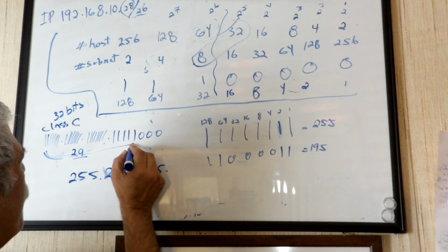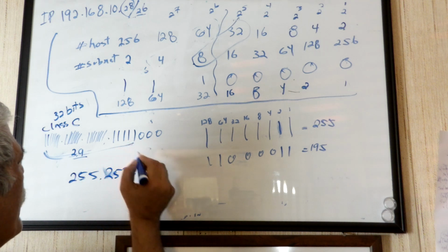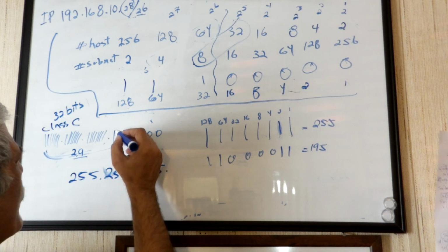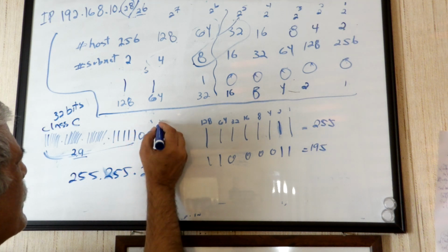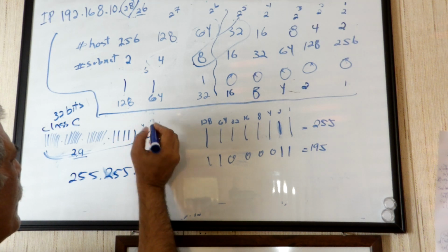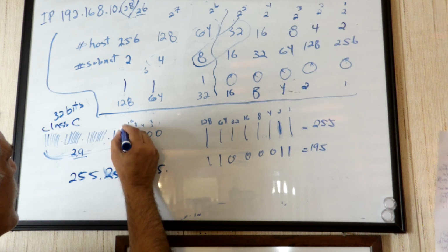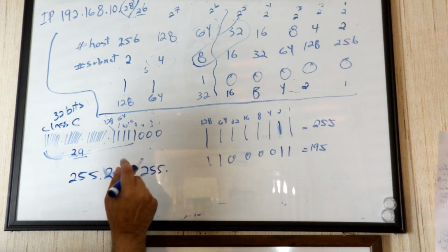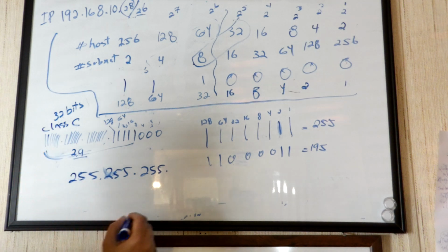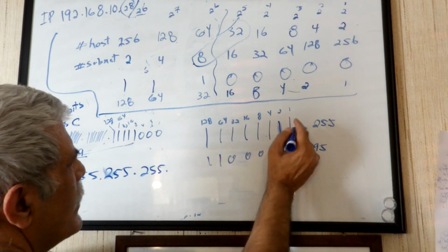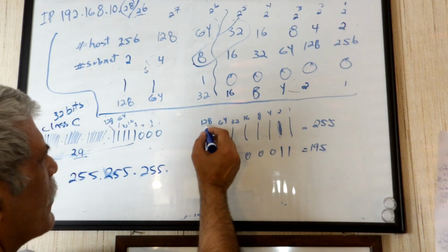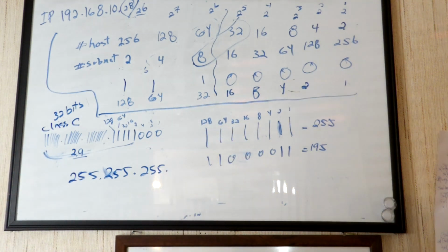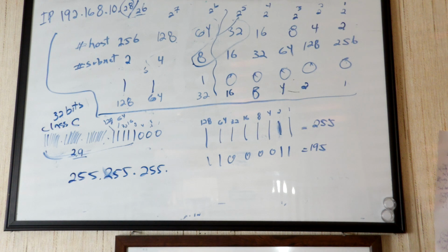It means we have 5 more 1s here, and this is going to be 1, 2, 4, 8, 16, 32, 64, 128. If all of them are 1, it adds up to 128 plus 64 plus 32 plus 16 plus 8 plus 4 plus 2 plus 1, which is 255.